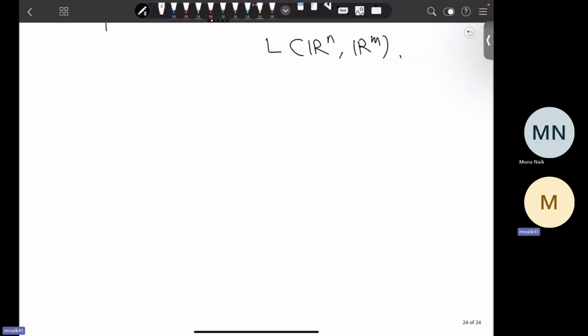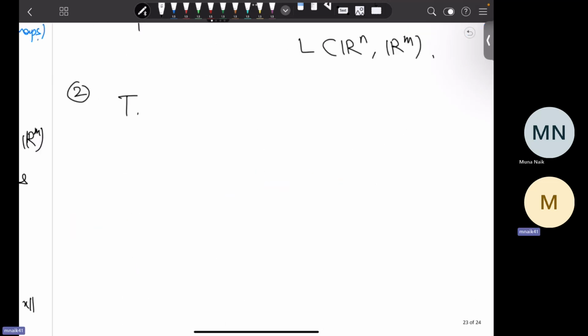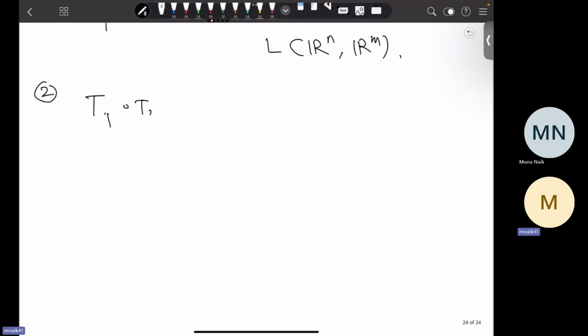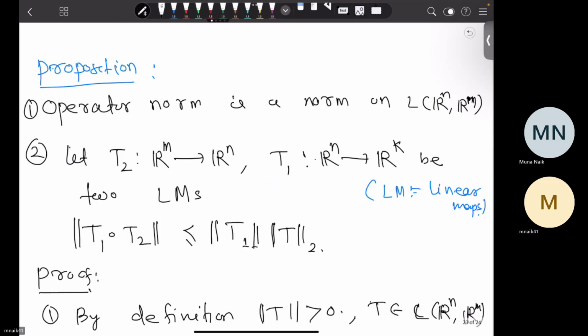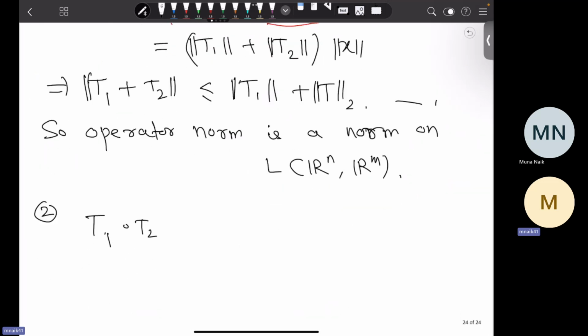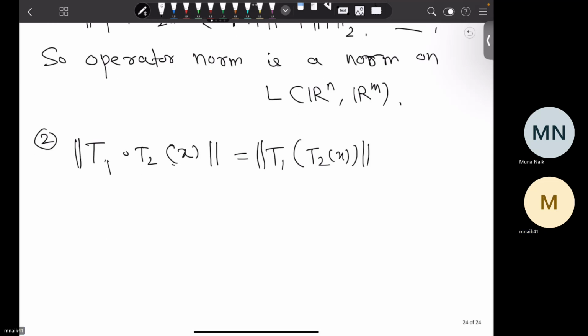The second part is very clear. If you look at T1 composition T2, take the norm of T1∘T2 x. This is the norm of T1 of T2x, which is less than or equal to the norm of T1 times the norm of T2x.